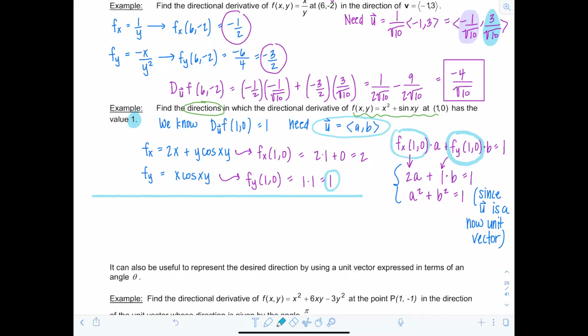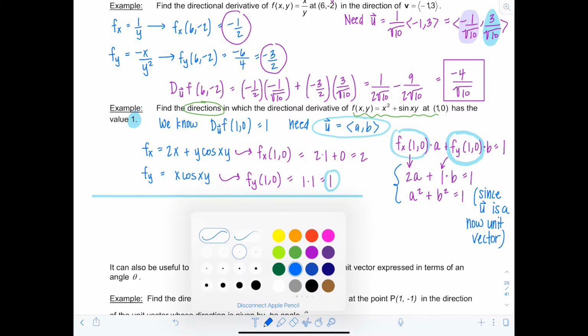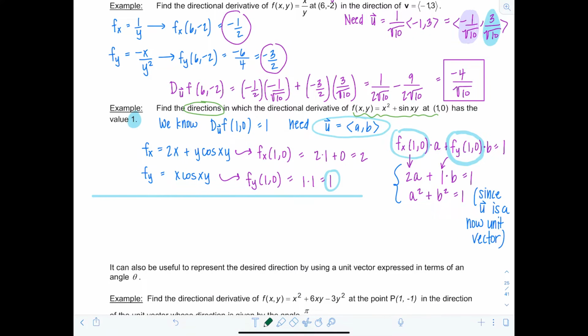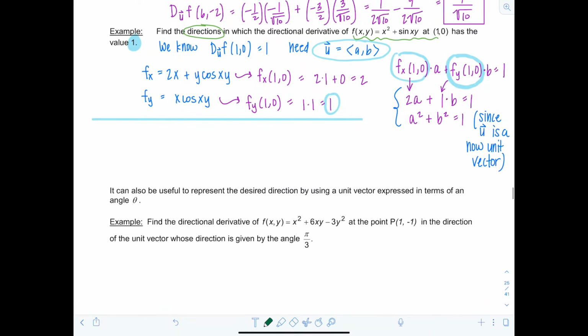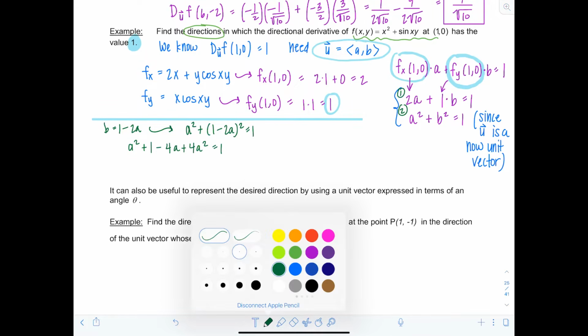All right, let's separate our work. And say I solve for b, so I know b is going to equal 1 minus 2a. And I substitute that into the second equation. So here's equation 1, here's equation 2. I'll have a squared plus (1 minus 2a) squared equals 1, which gives me a squared plus 1 minus 4a plus 4a squared equals 1.